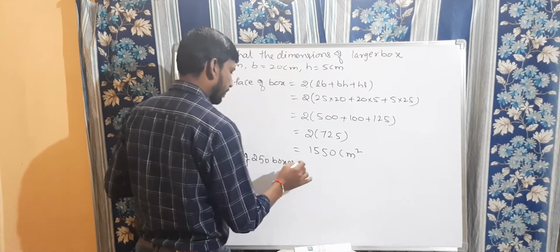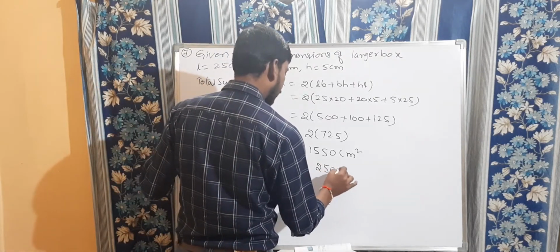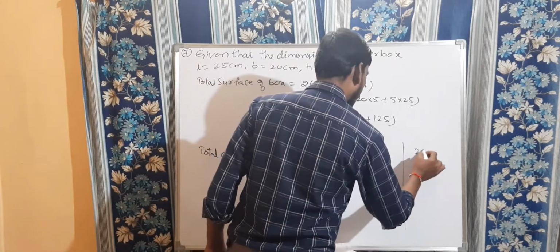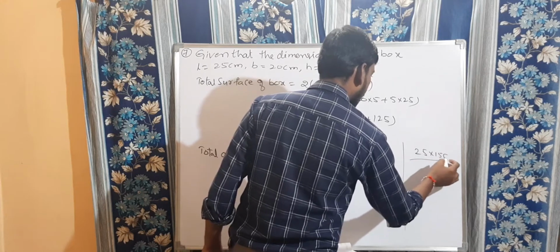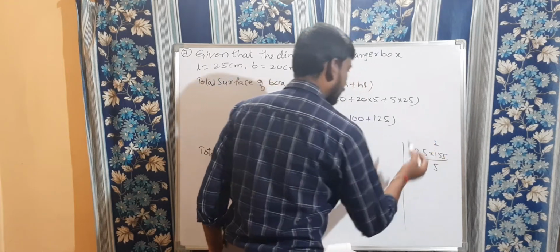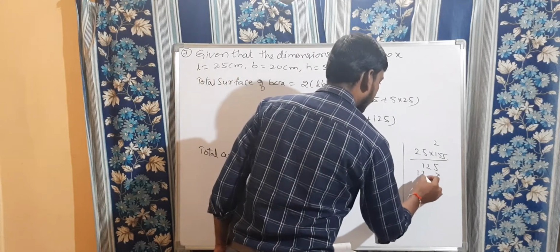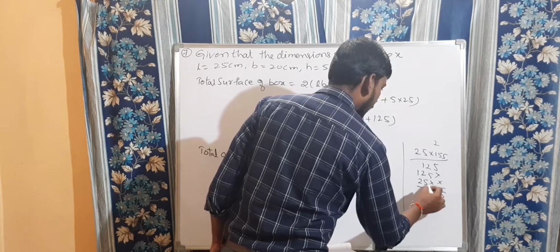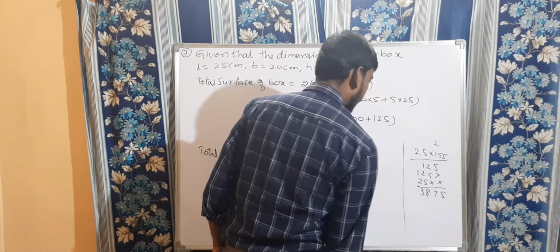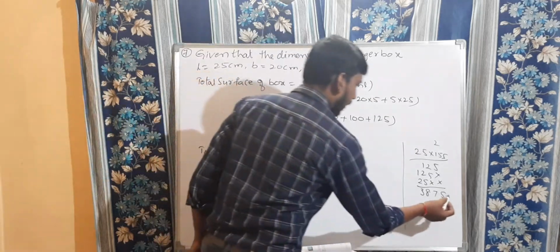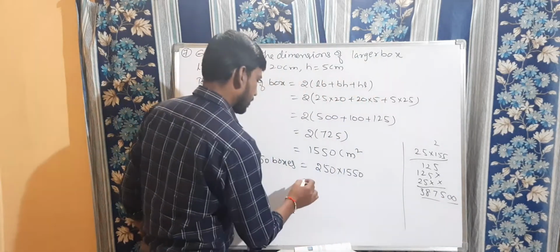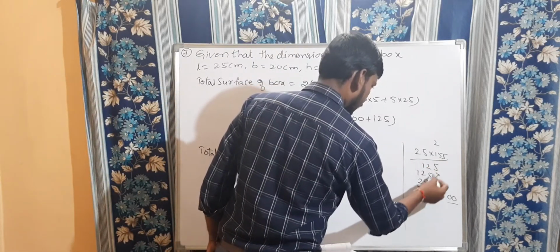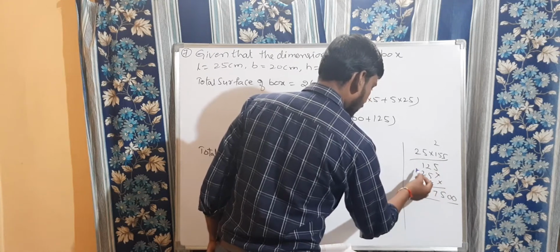This is only for one box, so the total is 250 into 1450. Now just multiply 25 into 145, you will get the answer. 5 5s are 25, 5 4s are 20 plus 2 is 22, and so on, giving 362500. Clear?